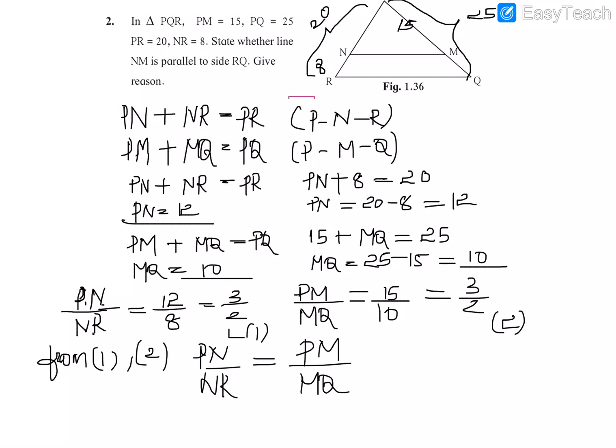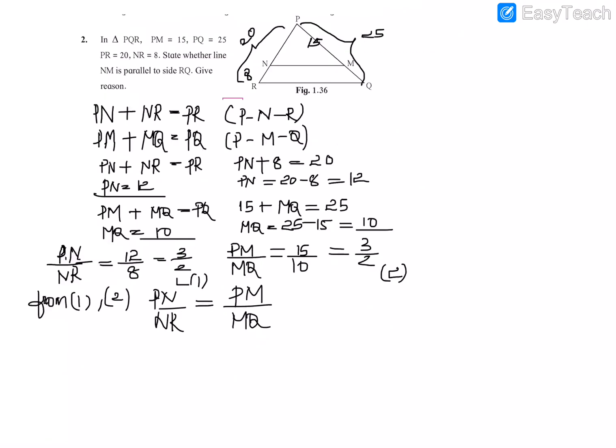So by using the converse of the BPT, basic proportionality theorem, we can write this line NM is parallel to RQ. We also have to write the reason that we use the converse theorem.